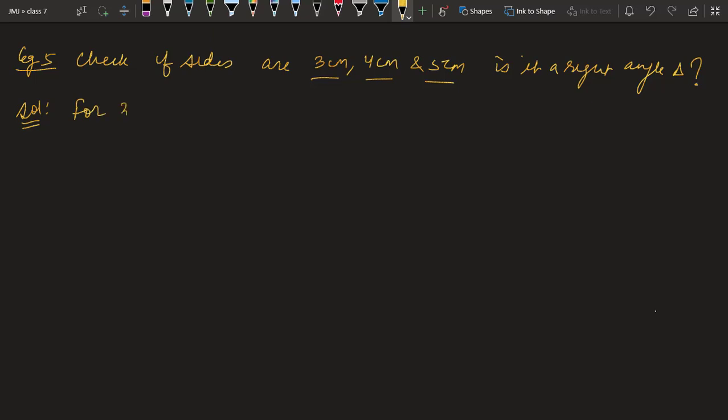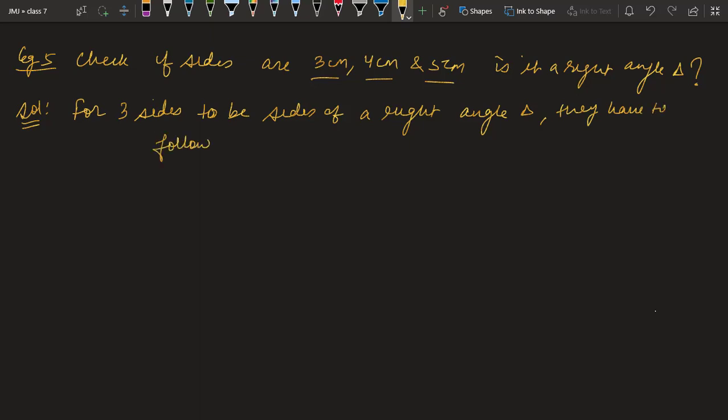For 3 sides to be sides of a right angle triangle, they have to follow Pythagoras theorem, that is PGT. You can write the full form, no issue.